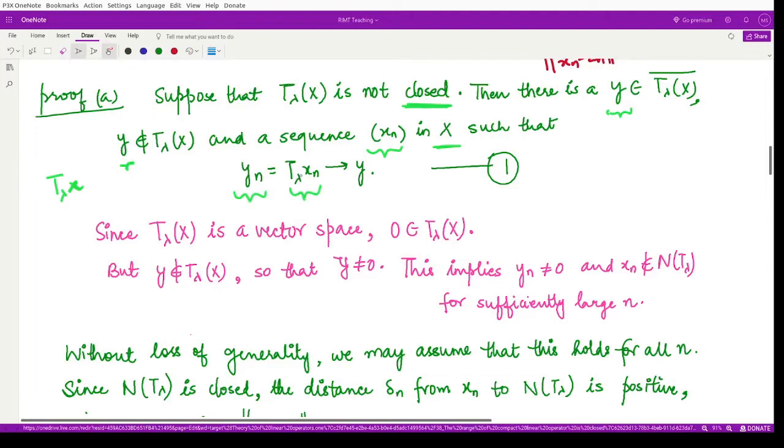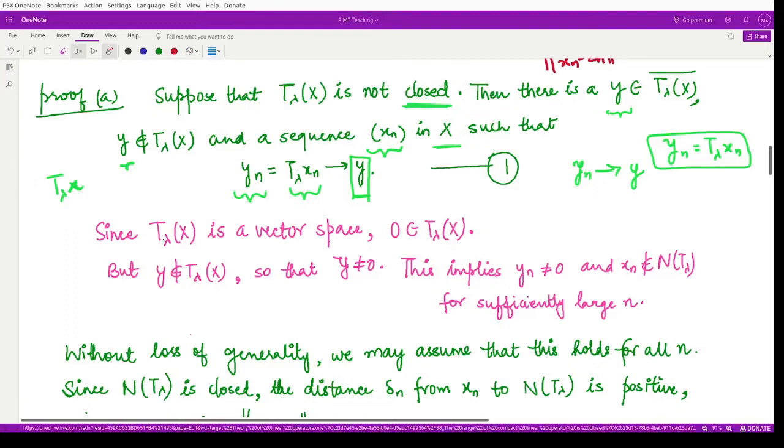So this converges to y, and this limit point y is present in the closure of the range but is not itself in the range, right? This is one point. We are marking this as equation number 1. So we are saying yn is converging to y, where yn is equal to t lambda of xn. So this is the first point here.